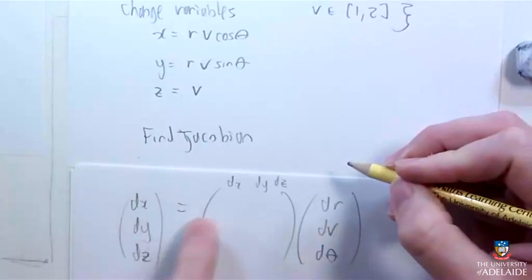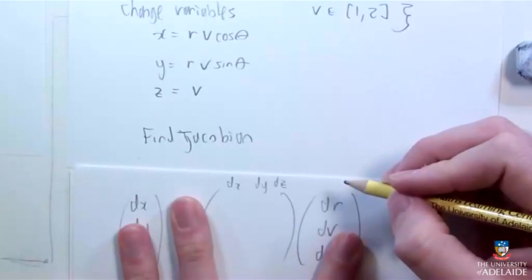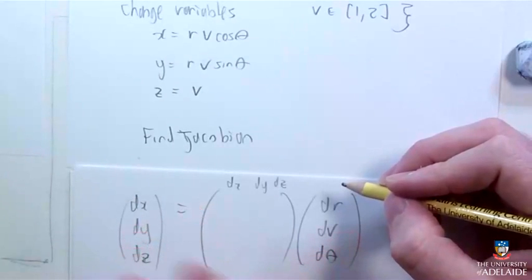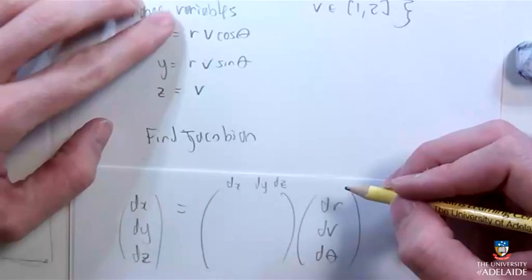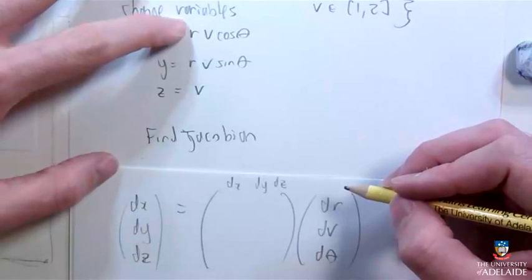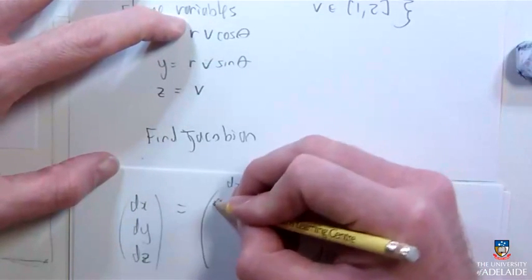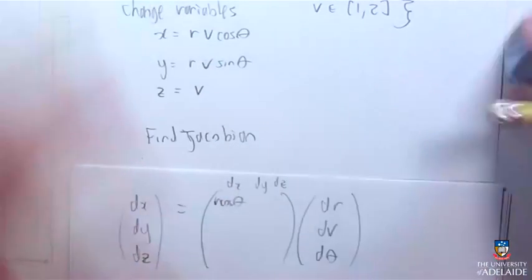Okay, so let's see. I have to write this or I can't remember how to do it. So x was this, dx on dr would be v cos theta. I need more space.